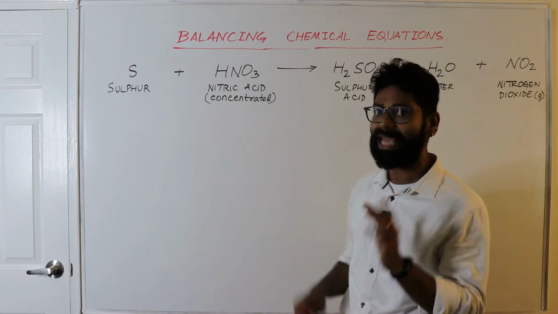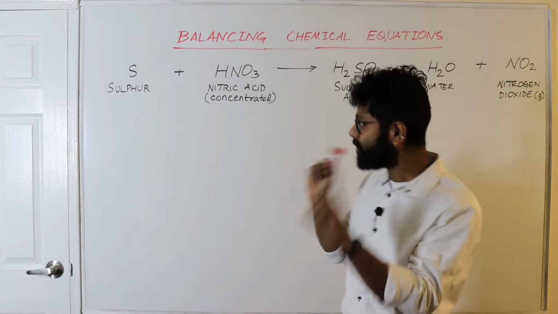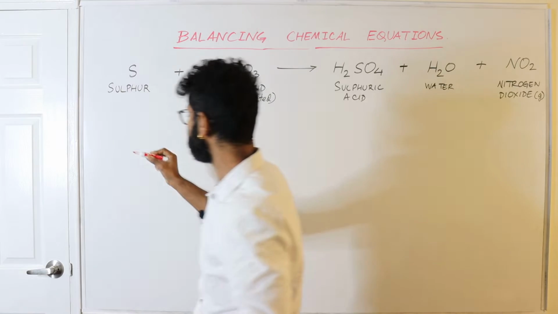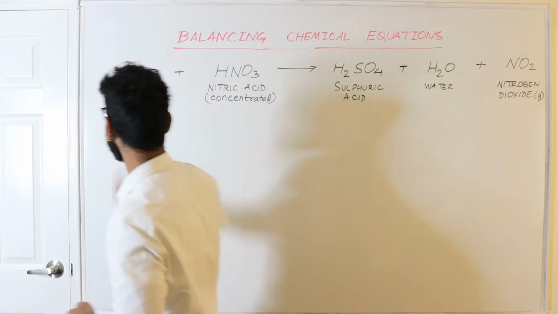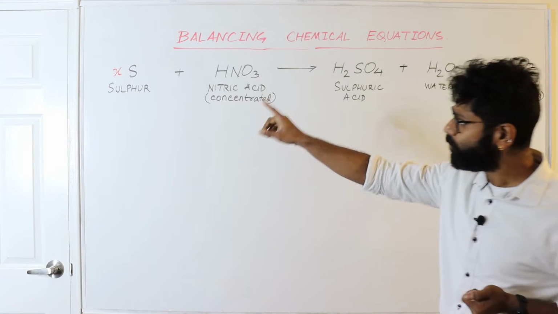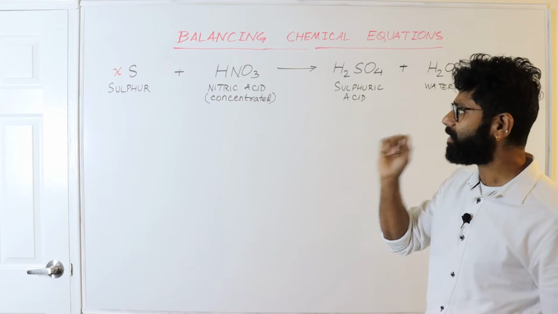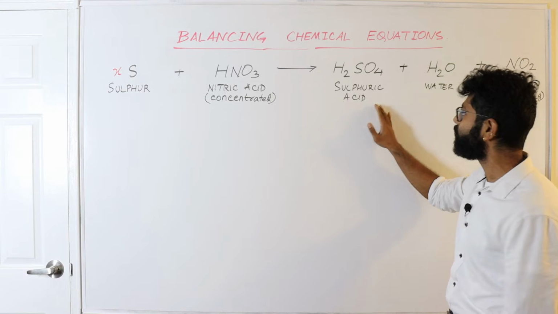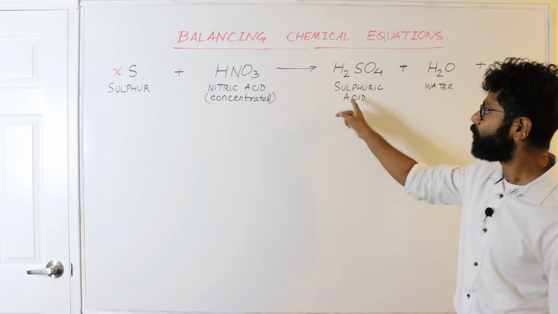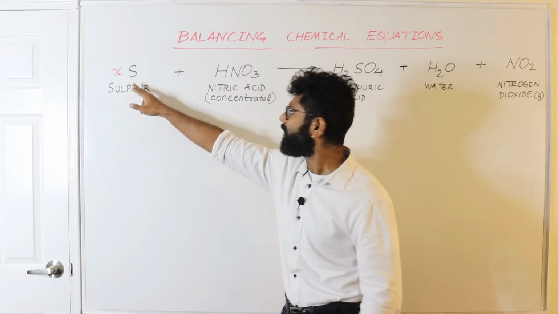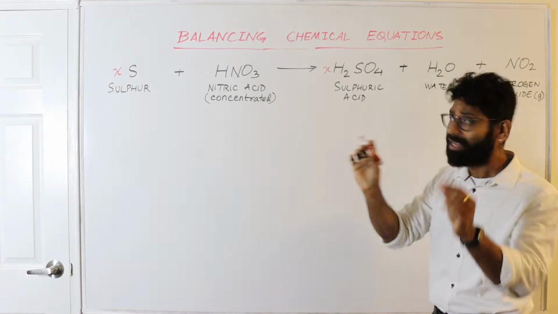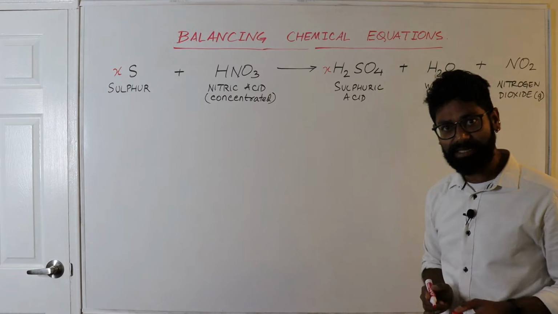So whenever this kind of thing happens, what you can do is assume that you start with X atoms of sulfur, right? Now, you have to understand this sulfur is only going to this sulfuric acid. That means to balance this out, there must be X molecules of sulfuric acid present here, right?